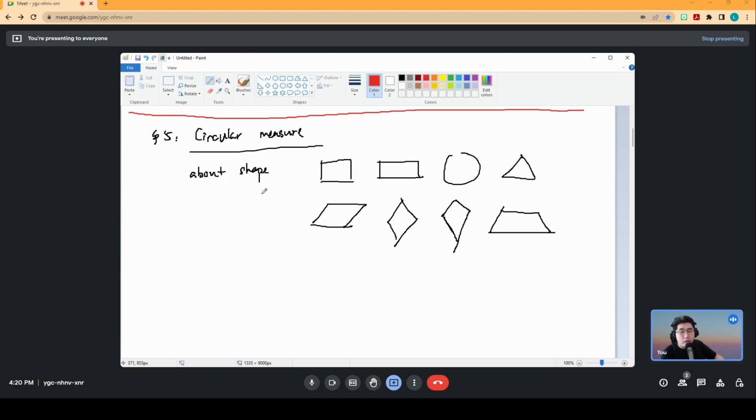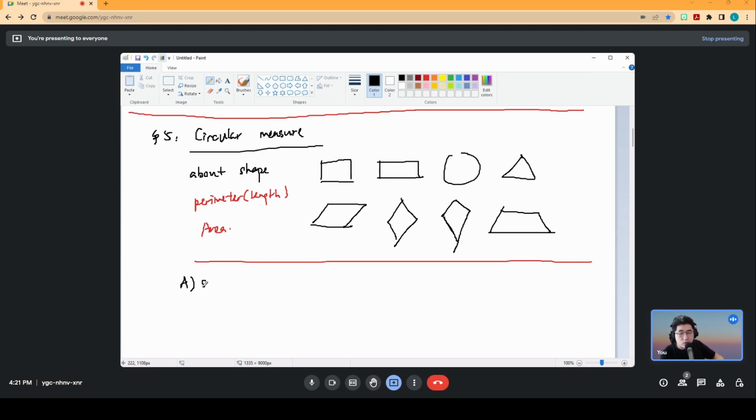So usually what are the things that we discuss for shapes? Maybe we discuss the perimeter, which is length, or maybe area. These are the two items that we consider the most, and usually we expect the students to know about the properties of the shape as well. So under this topic, we focus on two parts.